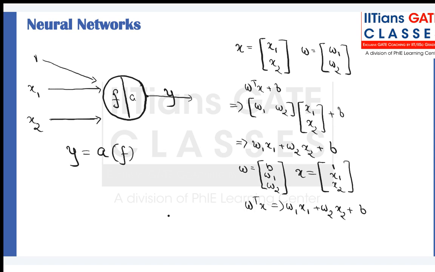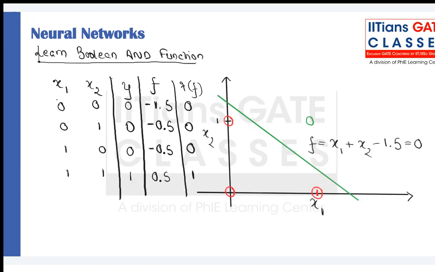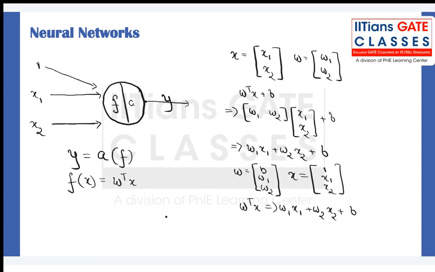F takes as input X and gives you the output W transpose X. So this is only what you were doing, right? You computed F, which is W transpose X. And what you computed, W transpose X, you input it to the threshold function A, and you got the corresponding value of Y.